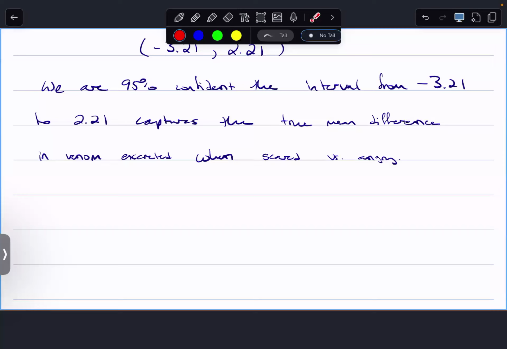So the true mean difference could be 0, right? So we want to test the null hypothesis that mu diff is equal to 0.